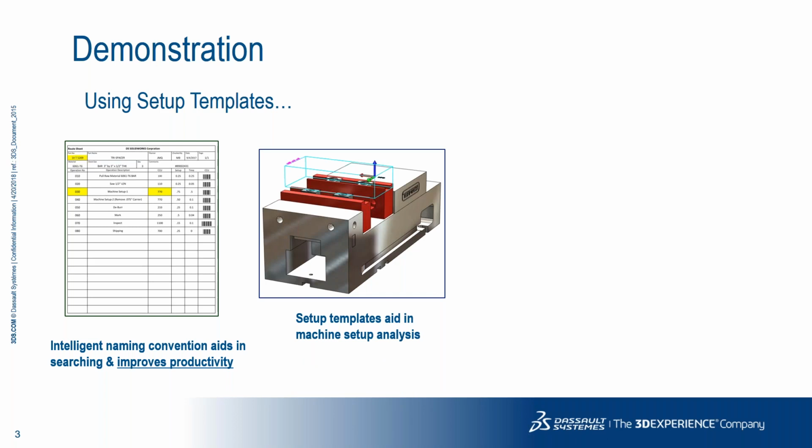The other thing that you saw was that the setup templates aid in the machine setup analysis. So you can see that very easily I can find out exactly where all the components go for the setup and how the actual part sits in the stock and how the stock sits in the vise. Very important and easy to do.